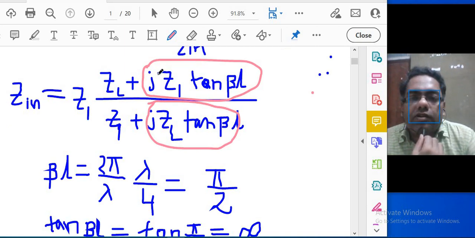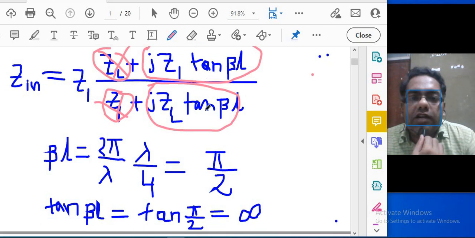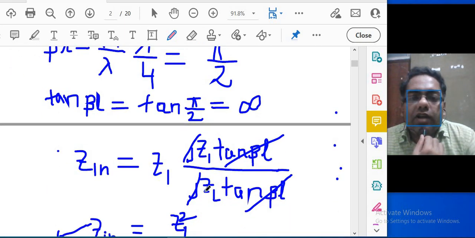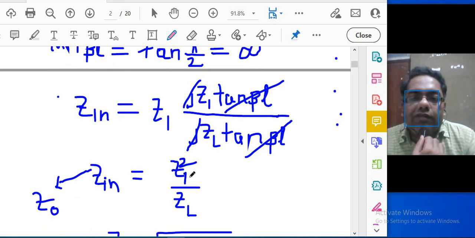So compared to these terms, ZL can be neglected and this term can also be neglected. So we will get jZ1 tan beta L and jZL tan beta L. Again tan beta L will cancel, so I will get Z1 square by ZL. So this expression we will obtain.